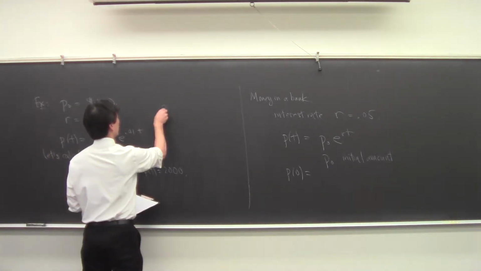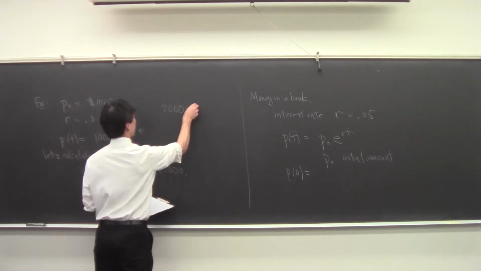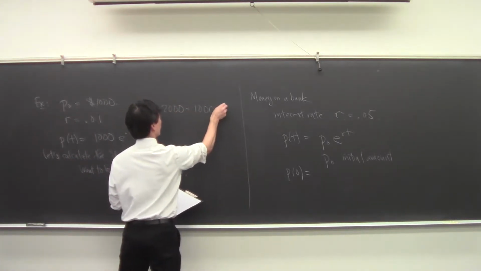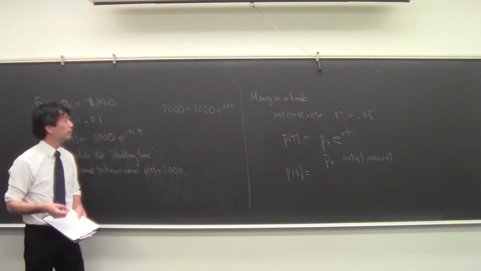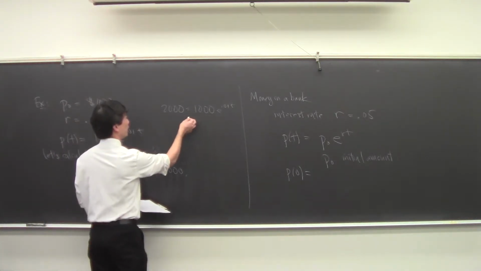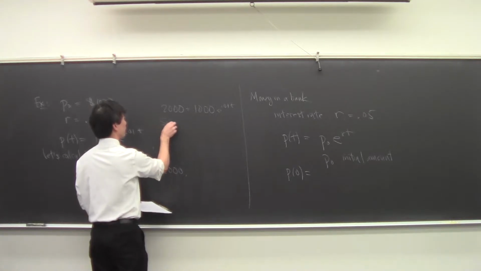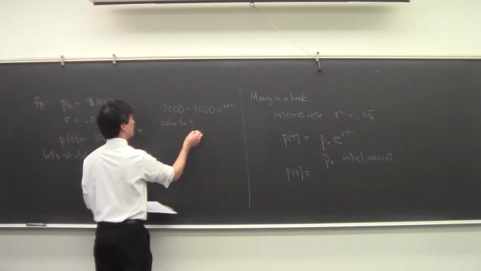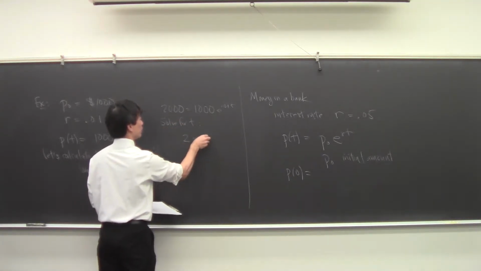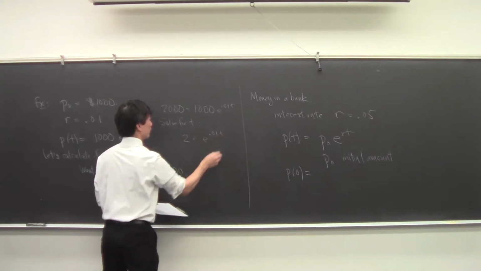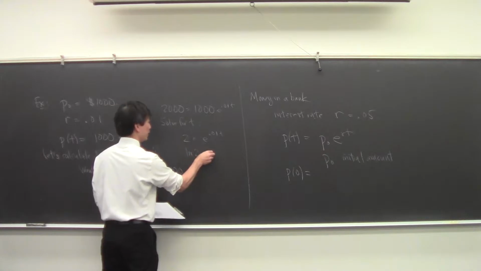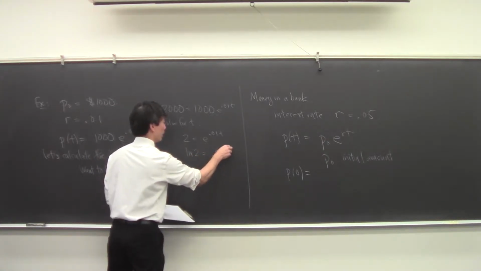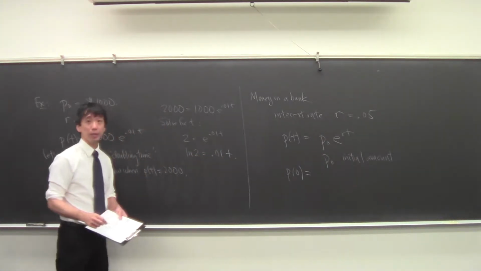Say 2,000 is going to be 1,000 e to the 0.01 t. So you solve for t, and you get 2 equals e to the 0.01 t. In other words, the natural log of 2 is 0.01 t.